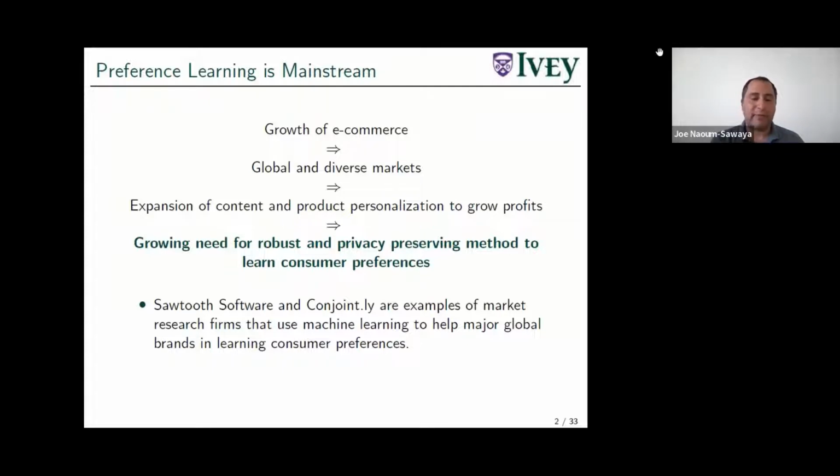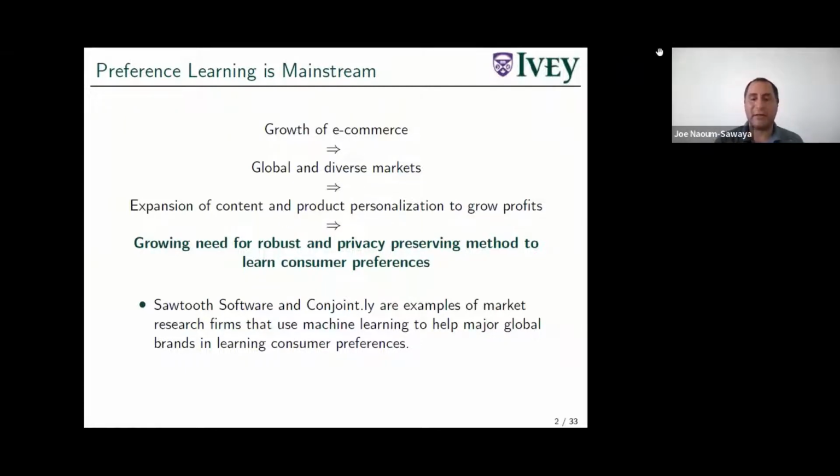But also, from a retail and consumer perspective, there is a lot more expansion of the content. So we no longer have a single version of a product. We have many versions of the product. And that's mainly driven because we need to accommodate personalization, and that's really to drive profits.